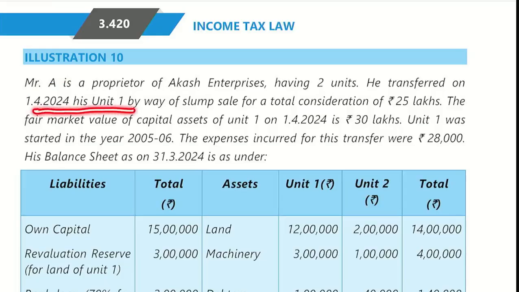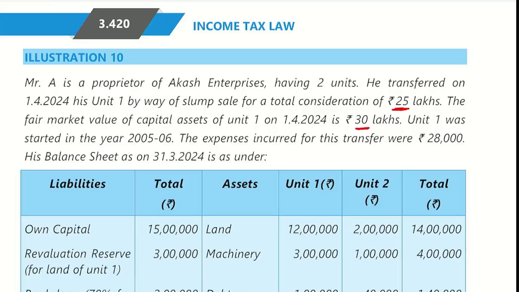So unit 1 he has sold by way of slump sale for a total consideration of 25 lakh. So his actual selling price is 25 lakh. Everybody agree? The fair market value of the capital assets of unit 1 was 30 lakh. Now they are giving us that the actual price is 25, but the fair market value is 30.